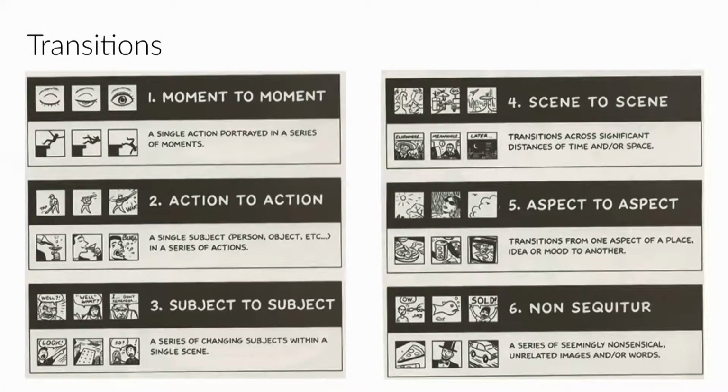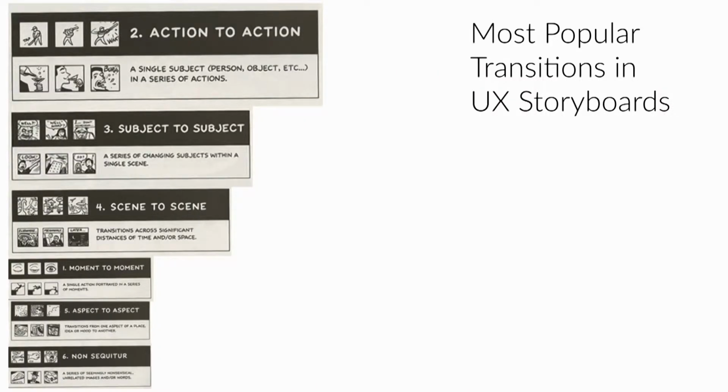So if you're really interested, I highly recommend you check it out. Now, Scott outlines 6 different types of transitions. One is moment to moment, action to action, subject to subject, scene to scene, aspect to aspect, and non sequitur. Now, in the UX field, we really only care about the top 3, action to action, subject to subject, and scene to scene. We use the other ones rarely, if at all.